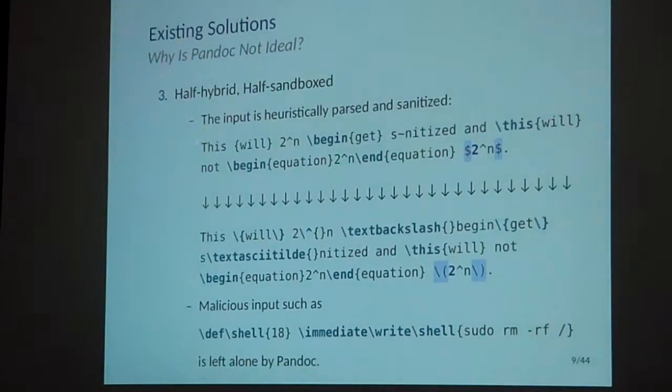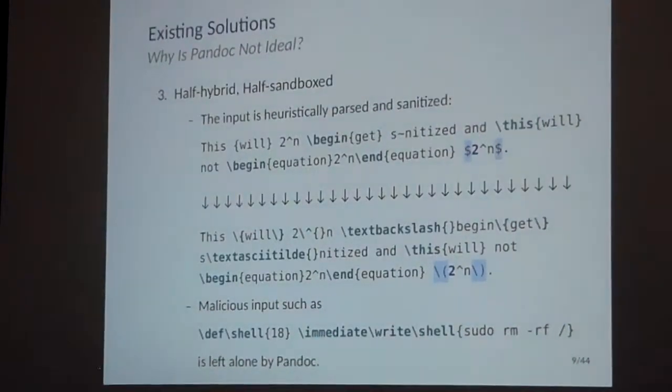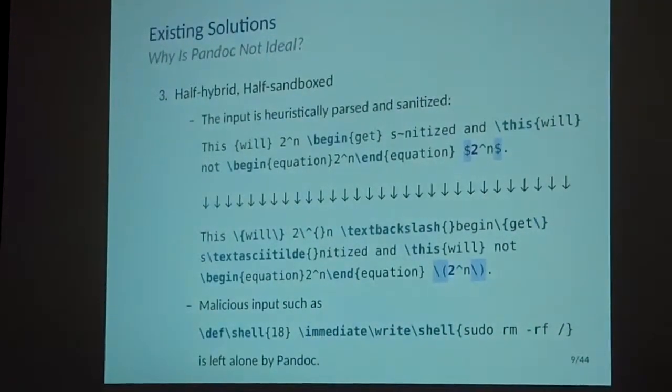It will escape some things like this, and some things it will not escape, and some things which you would really like it to escape, it will also not escape. So that's another issue: you can't really tell it, I need these documents not to have any TeX input in them.